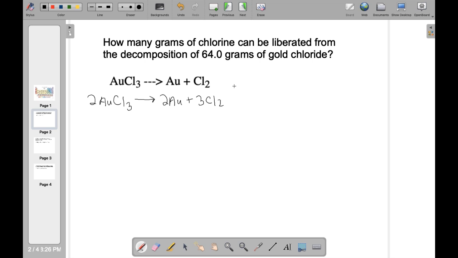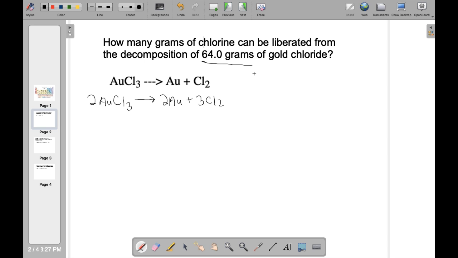Okay. After I balance it, I need to take my grams of the substance that I'm given and convert it to moles. We always need to work with moles because that's going to be easier for us. So, this is called a mass-to-mass stoichiometry problem because we're given a mass, 64 grams, and they want us to find the mass of something else.